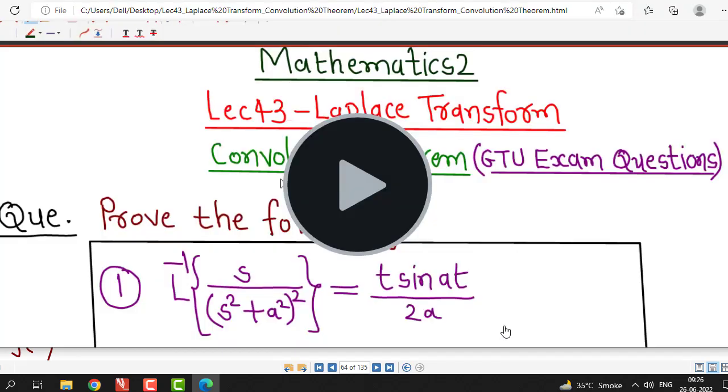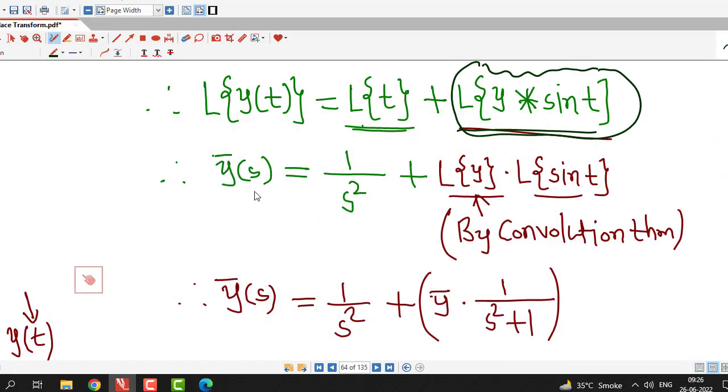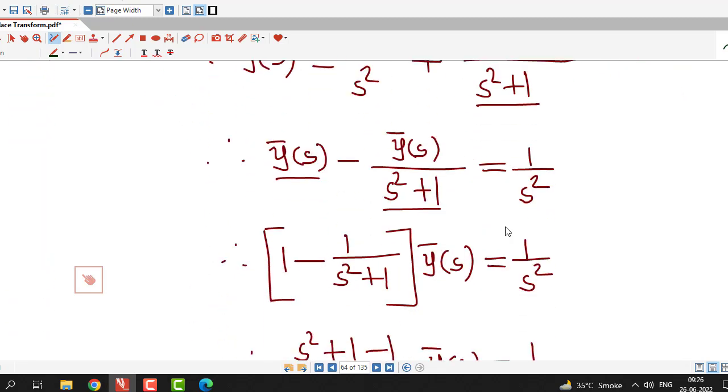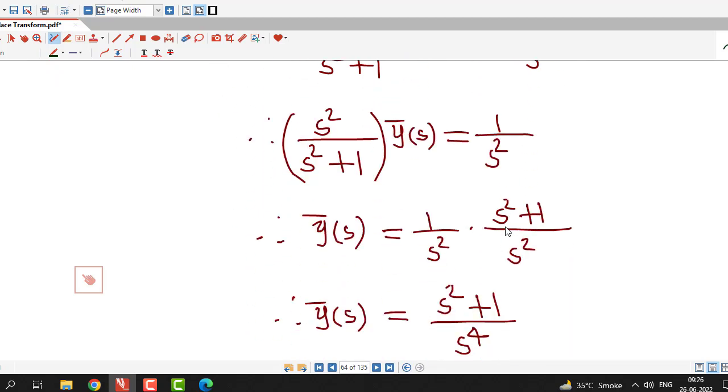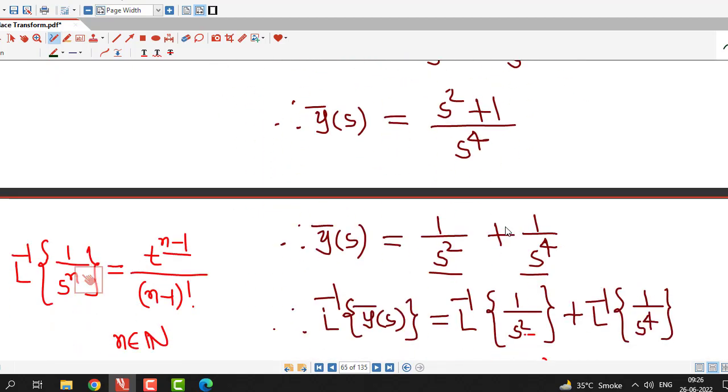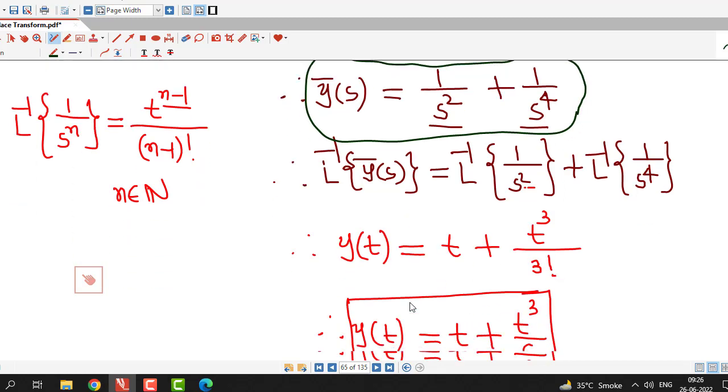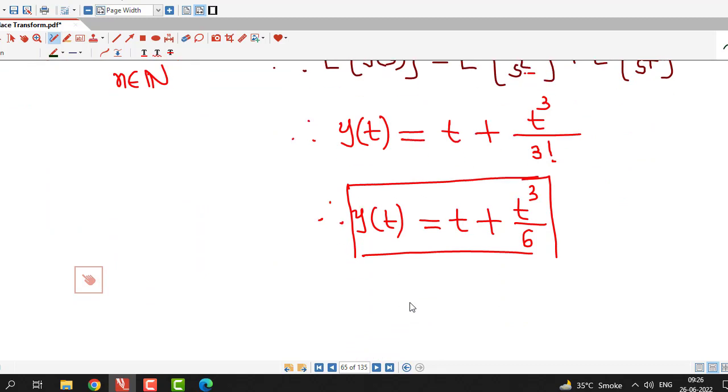And then we use the notation y bar s for the Laplace transform of the unknown function y, and we try to find out y bar s by simplifying all these things. And once we obtain y bar s after simplification, we consider the inverse Laplace transform of y bar s, and we obtain the unknown function y of t, which is the solution of the given integral equation.